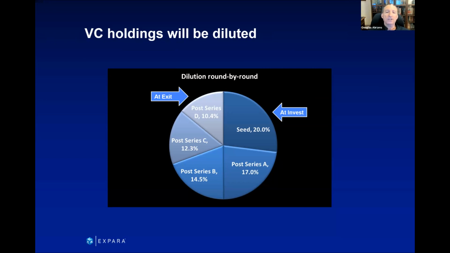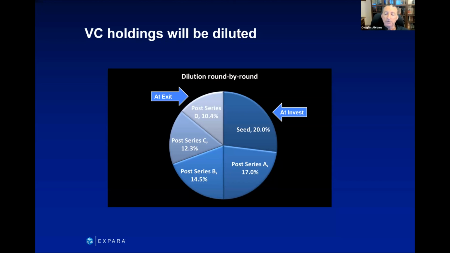So in this case, let's assume that the seed investor got 20% when they came in, which is not unrealistic. And let's assume further that this startup did 4 rounds of investment after seed. So they did A, B, C, and D, and then they exited. Again, this is not unusual.